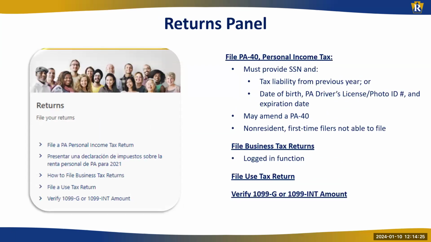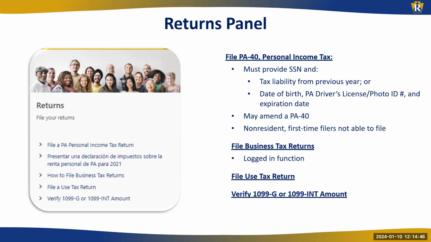Next, we do have our returns panel. And this is where you'll go to file a specific form. As you see here, this is where you go to file a personal income tax. We now have the option of filing a personal income tax in Spanish. We do have how to file business tax returns link.